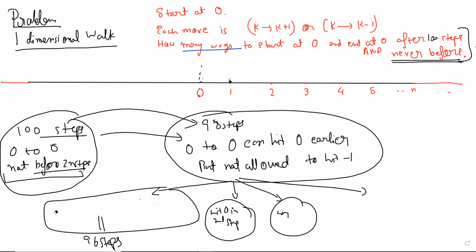So when you had the problem of 100 steps, 0 to 0 not hitting before, it became 98 steps, 0 to 0 can hit earlier. Now in this subcase, we are saying 98 steps, 0 to 0, not hitting before. You're not allowed to hit 0 before 98 steps.